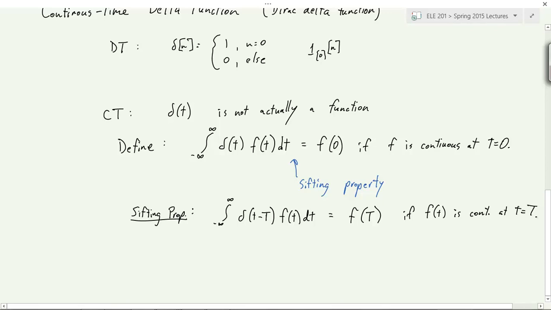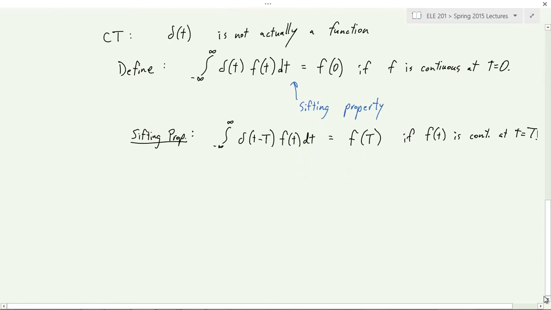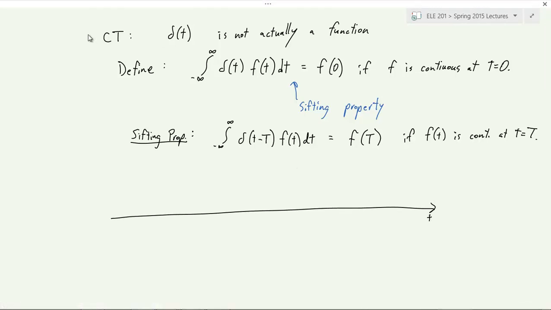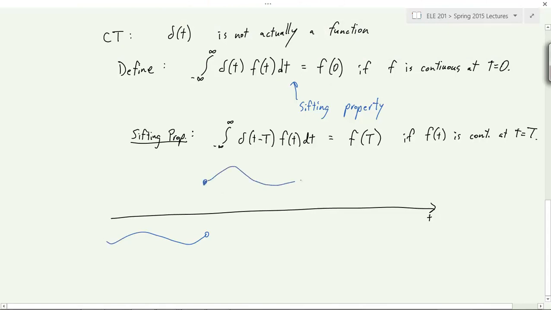So often what we're saying is that if we multiply, here's t, here's some signal. Let's say here's a signal like this. So this here is f of t.